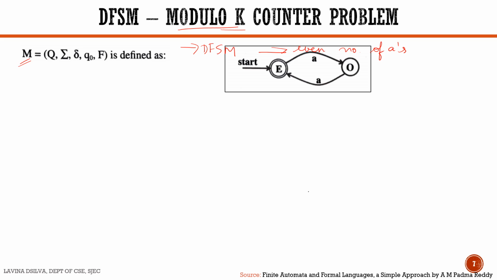So when there is our first A, that is an odd A, we go to the odd state, and the moment the odd state receives another input A, we go to the even state, and this process goes on for n number of A's.